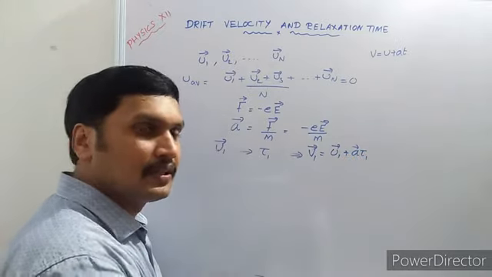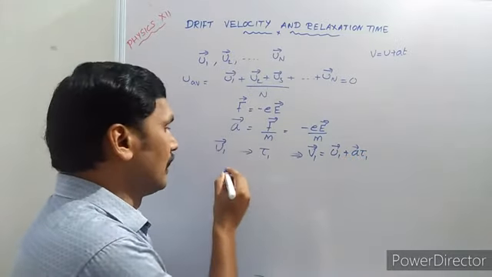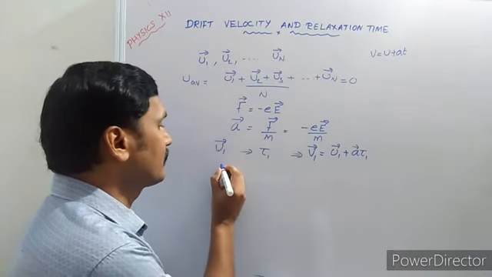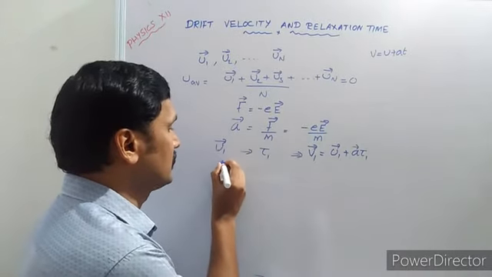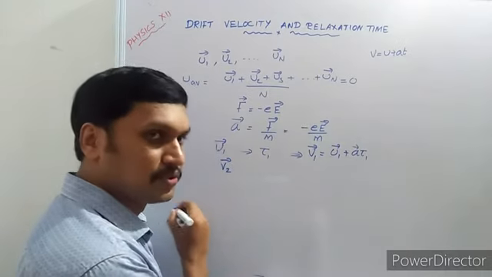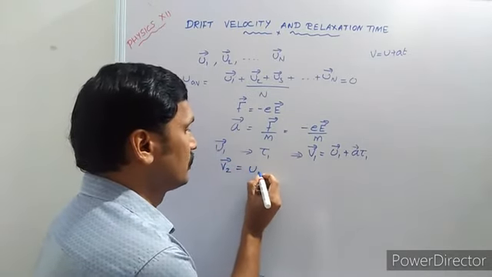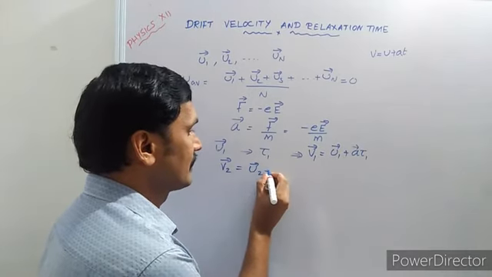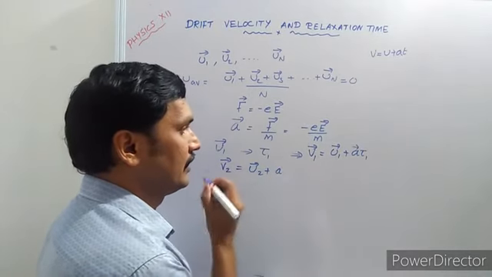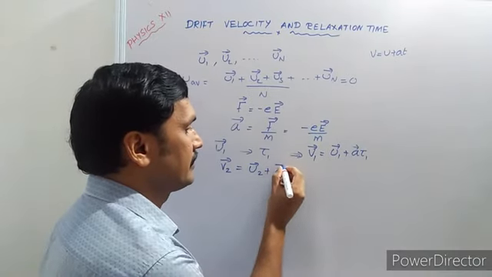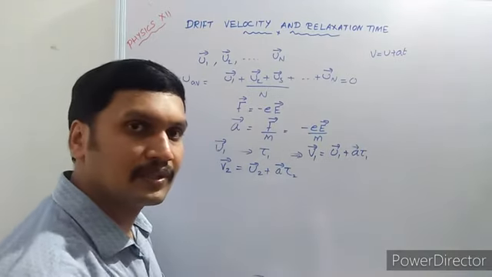Before that, we can write the velocity vector for any other electron this way. Suppose the velocity of the second electron, v2, is equal to u2 plus acceleration into relaxation time. Suppose its relaxation time is tau 2.